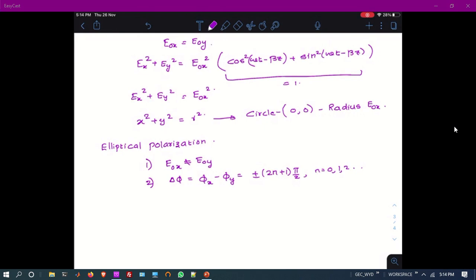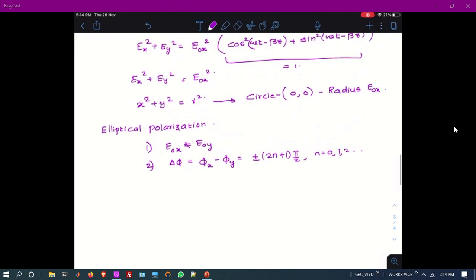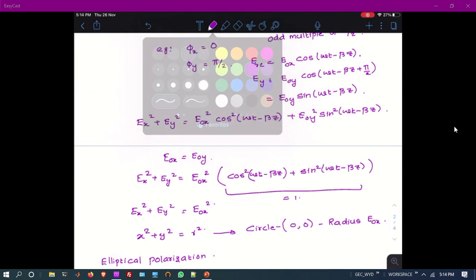So the equation of the ellipse in this case, taking an example, let's say phi x is equal to 0 and phi y is equal to pi by 2, and we know that Eox is not equal to Eoy.